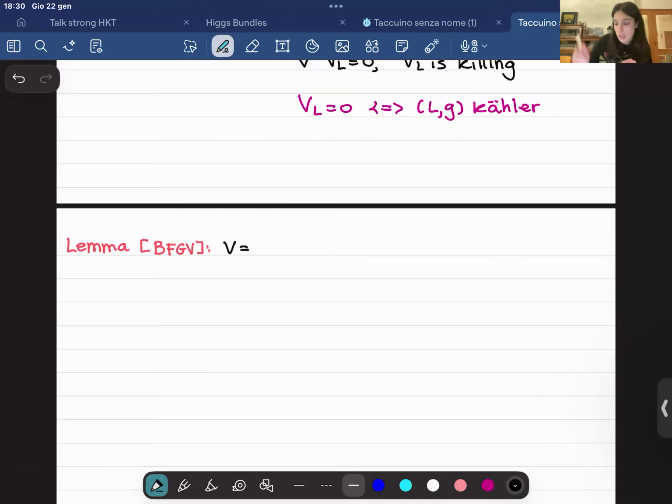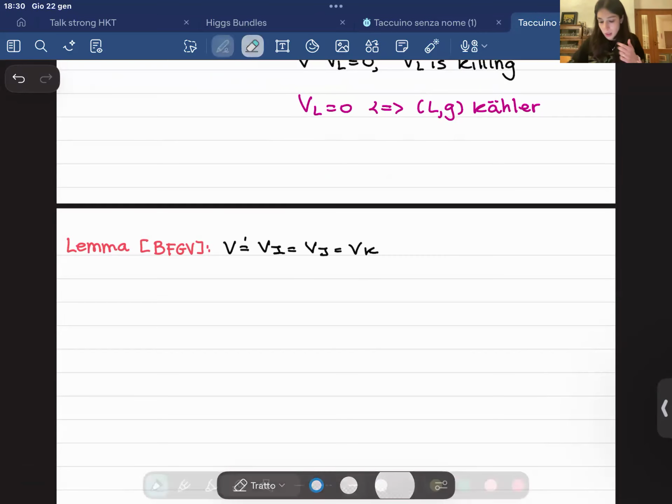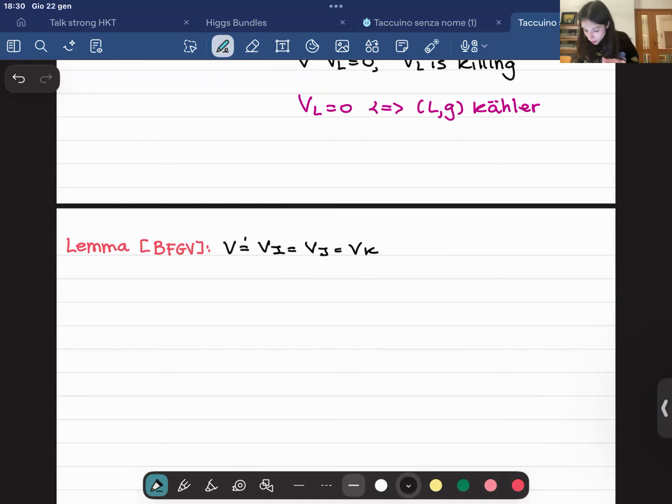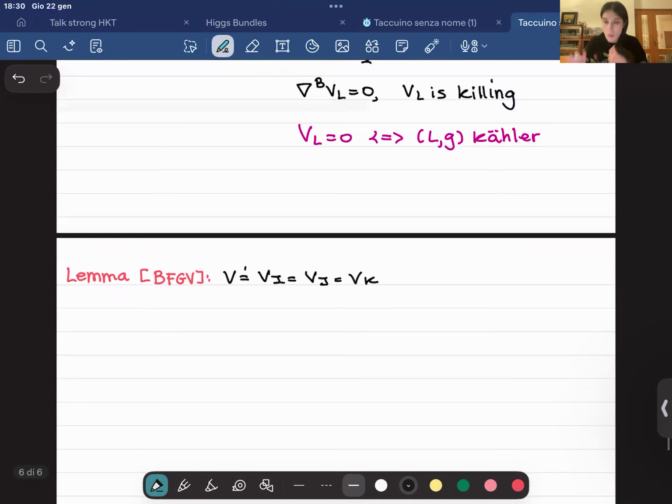So let me call just V the common vector V. So how can you prove that these are equal to each other? Well, there are 2 ways, probably. Not the easiest, but for me at least, it's easier in this way. So we want to show that the 3 of them are equal to each other.